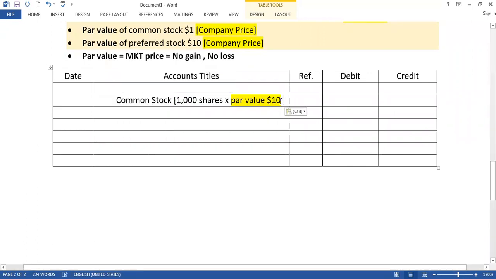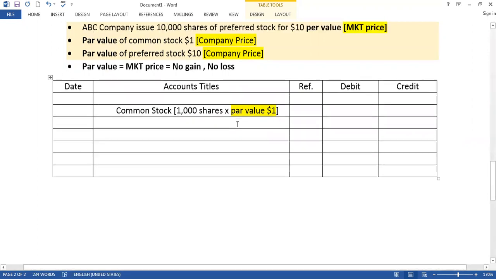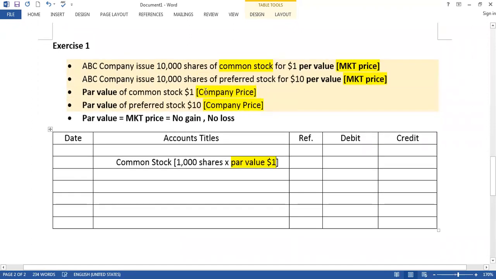Common stock is credit, $1. The par value is $1, right? How many common stock do we sell? We sell 10,000 common stock, $1 par. So $10,000 is credit. And when we sell common stock, like when we sell bonds, we receive cash from the market.